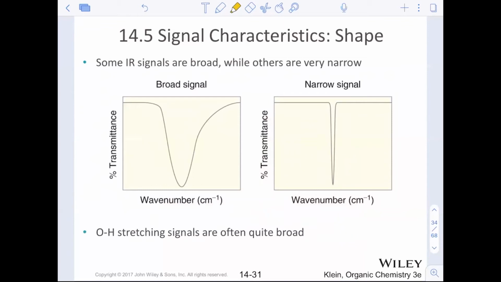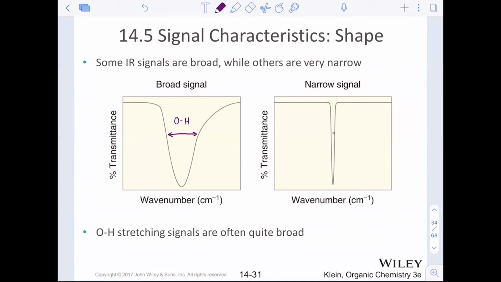Last one, shape. When we talk about shape, we're talking narrow versus broad. Broad typically occurs with OH stretching signals. So when we're looking at this broad signal right here, this is a very characteristic OH stretch.